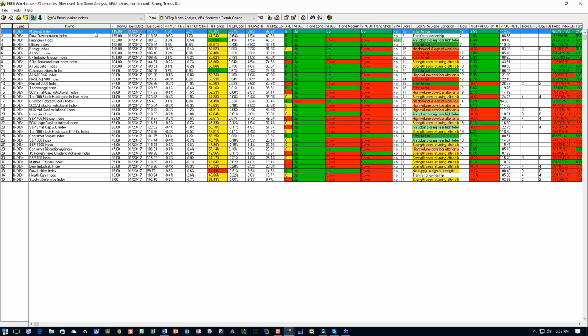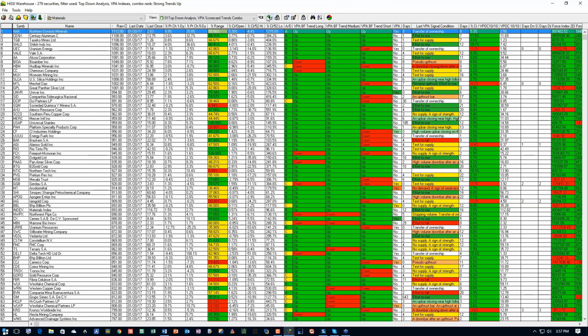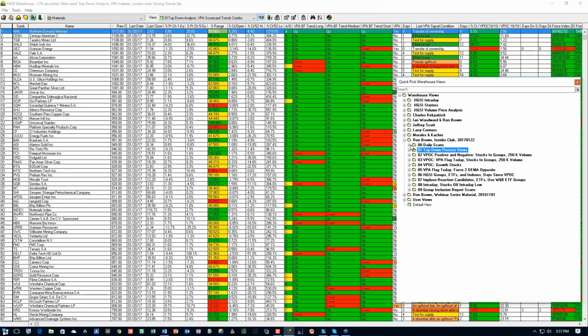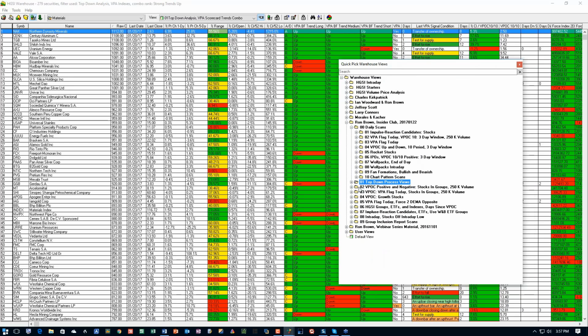Okay, so I'm going to change to the index group. And now in my files, if you go up to the daily scans, I have two folders here which are called wolf packs. Wolf packs are groups of stocks that are moving together.